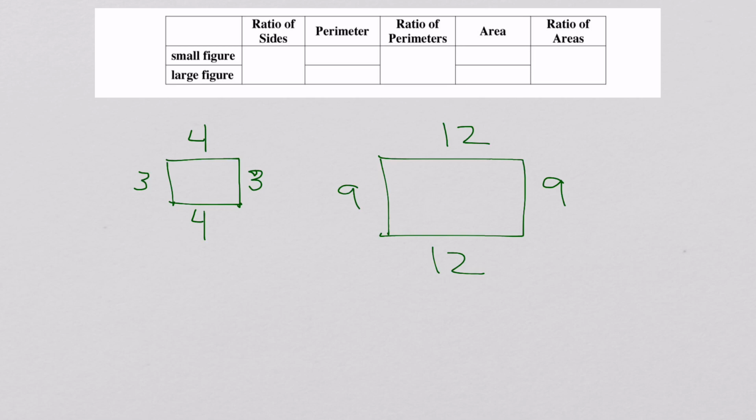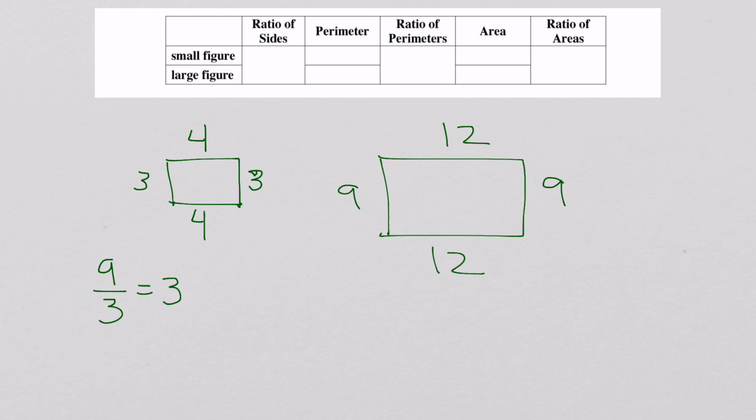Because they're similar, all the zoom factors are the same. So 9 divided by 3 equals 3. We already know that these shapes are similar, so we know what our zoom factor or what our ratio of sides is.